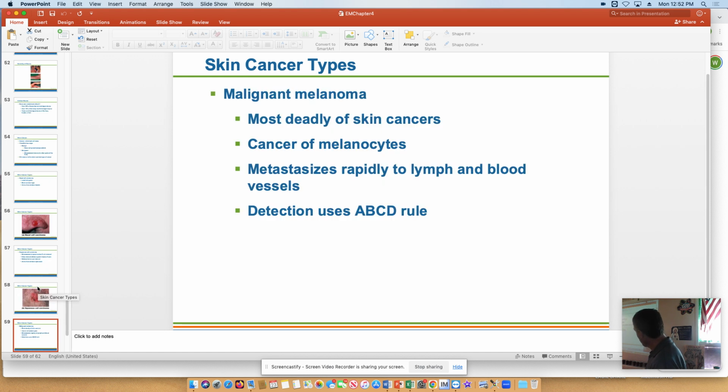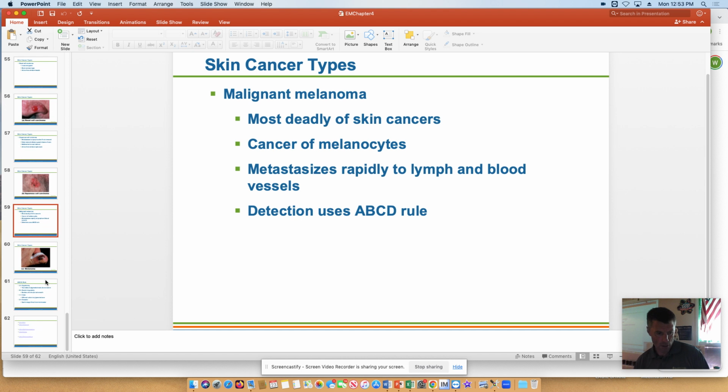And then malignant melanoma. It's the most deadly of the skin cancers. It's cancer of those pigment-producing cells called melanocytes, and it metastasizes rapidly to the lymph and blood vessels. And detection uses the ABCD rule. And we'll get to what that is.